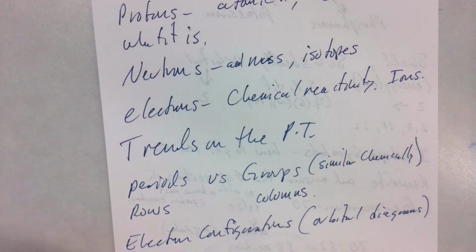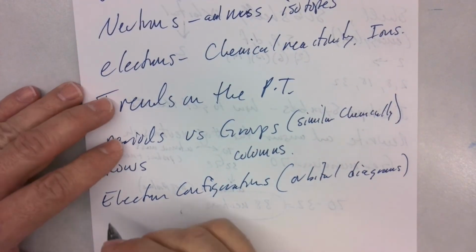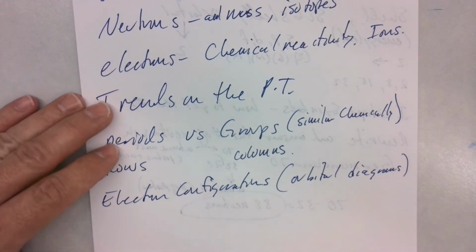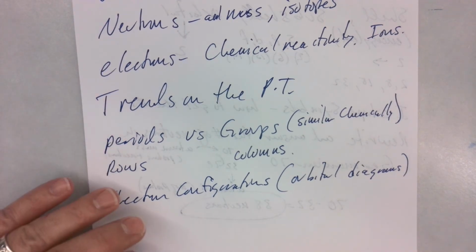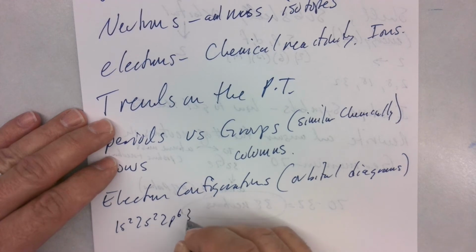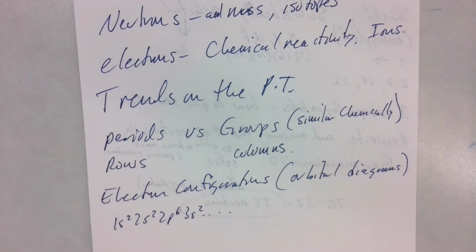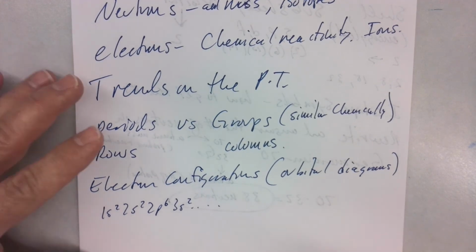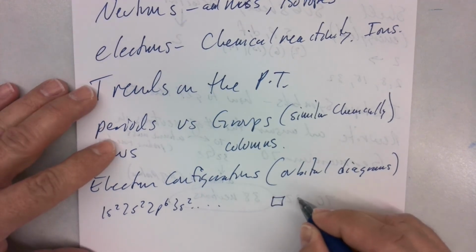What does an electron configuration look like? Oh, the dots. No, that's the electron dot. That's the orbital. Yeah, so it's like 1s2, 2s2, 2p6, 3s2, yada, yada, yada, right? The only difference between that and an orbital diagram is that for the orbital diagram, they usually draw the boxes with the arrows in it.